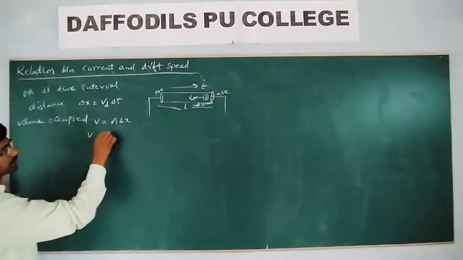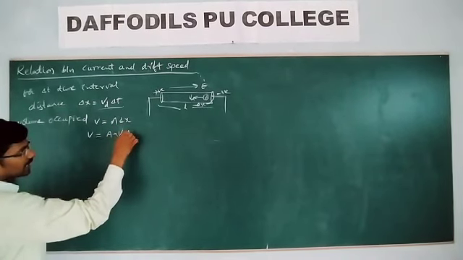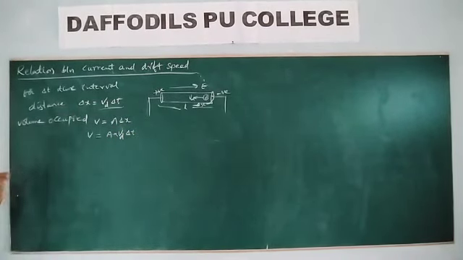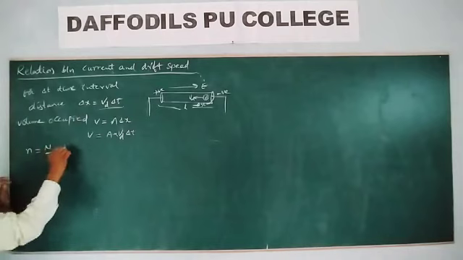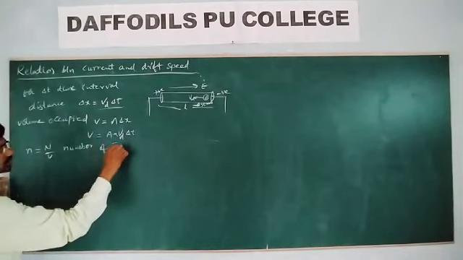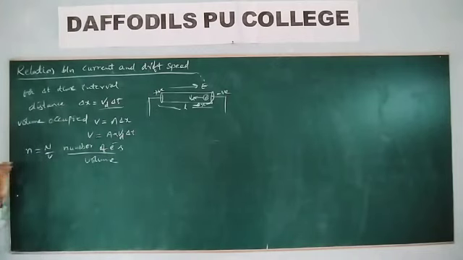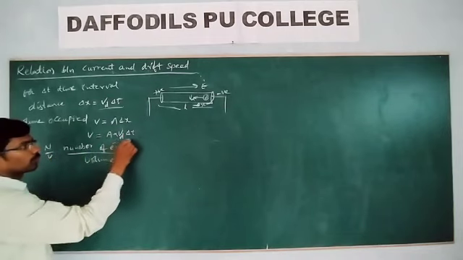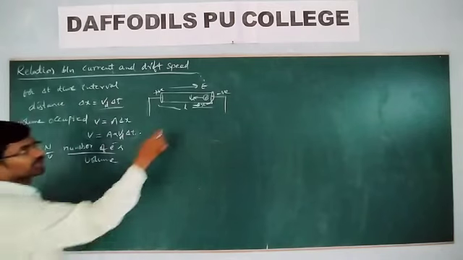Volume is equal to area into delta x, that is A Vd delta t. But remember, n represents the number of electrons per unit volume, the number density. Now, if we know the number of electrons per unit volume, then we can find how many electrons will be present within this volume.